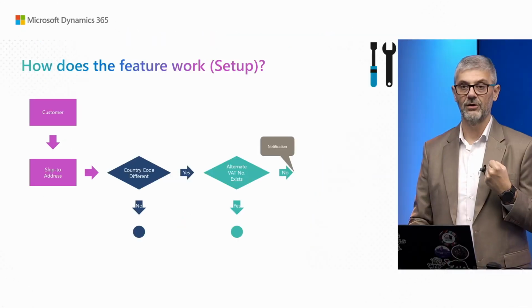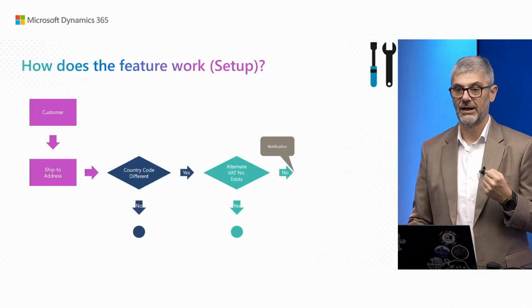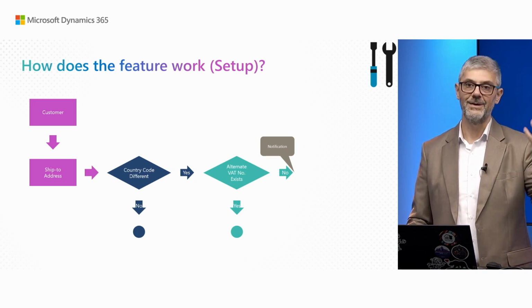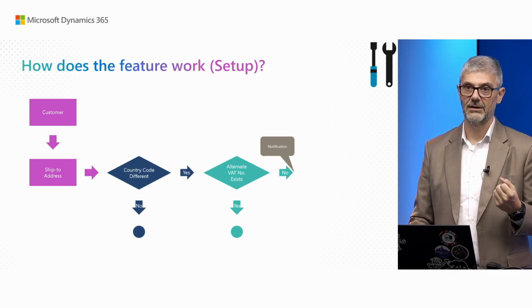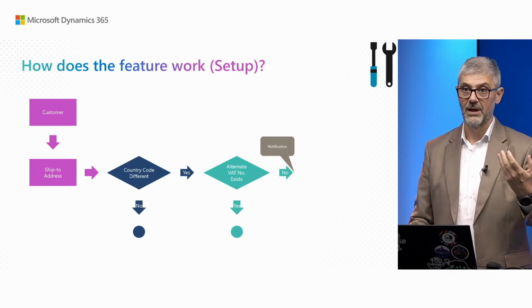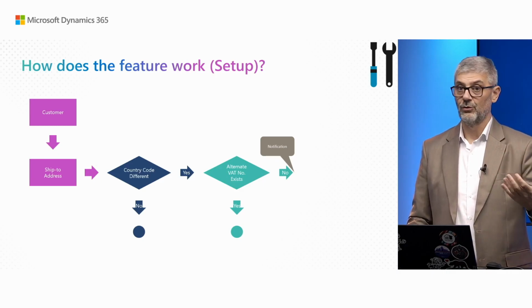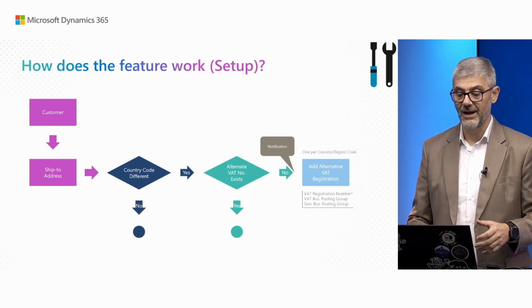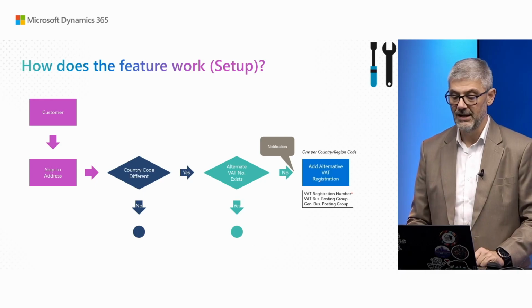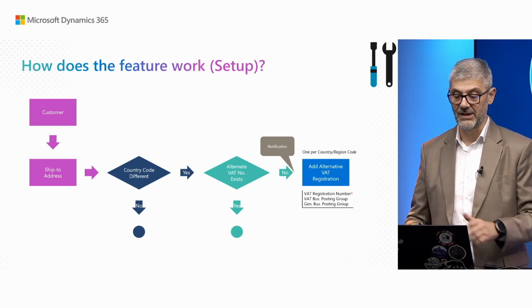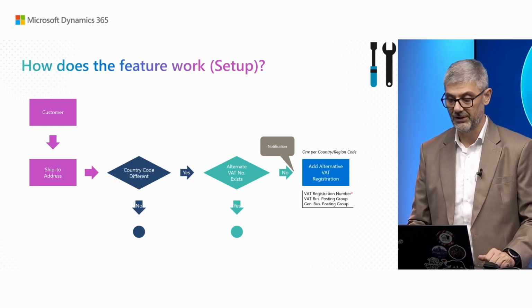You will get a small notification on your card that you should create a new alternative VAT registration. You can decide, because maybe by your rules this is not necessary, but if yes, you just need to say yes to confirm, and the system will open an alternative VAT registration where you can again enter everything I previously explained: the VAT registration number and posting groups.